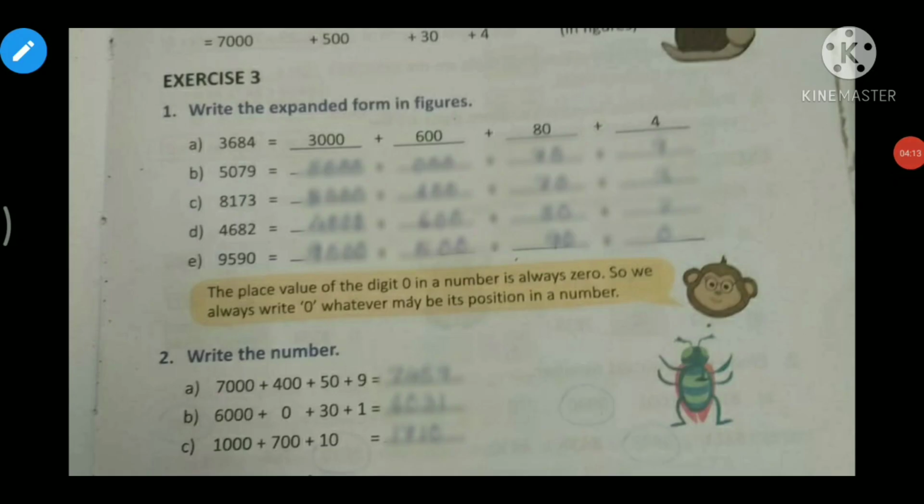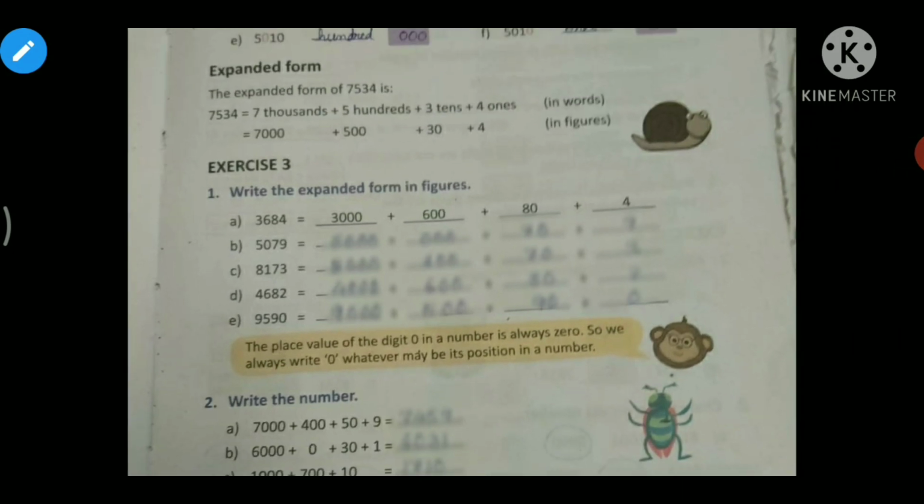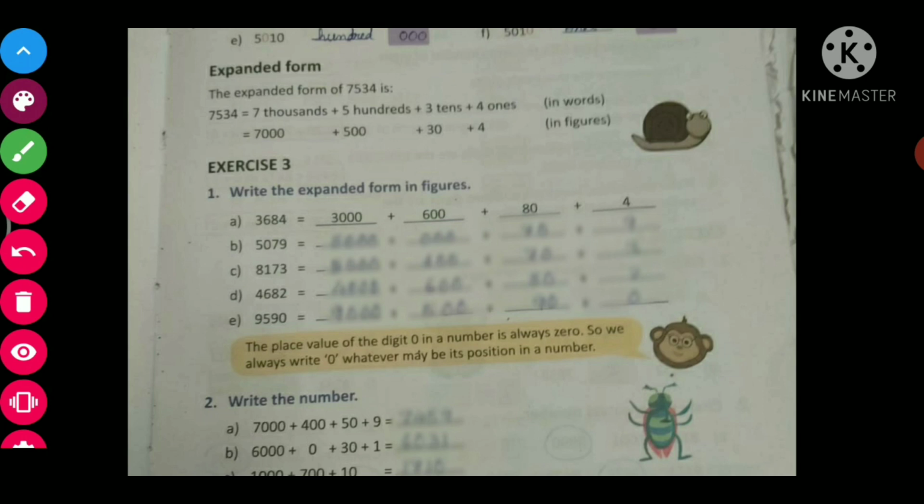My dear students, now you can see exercise 3. Before we proceed to exercise 3, let me show you one example that is given in your book, how we can write the expanded form of any number. Here 7534 is given.